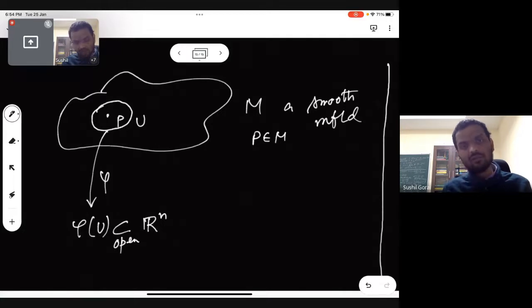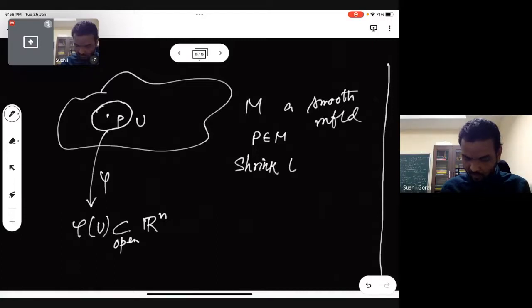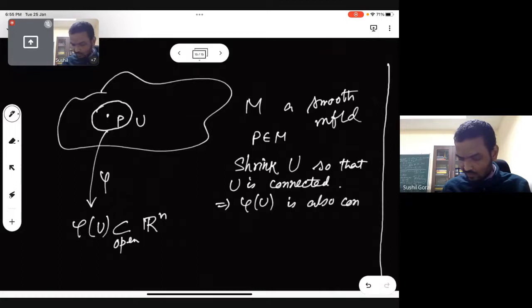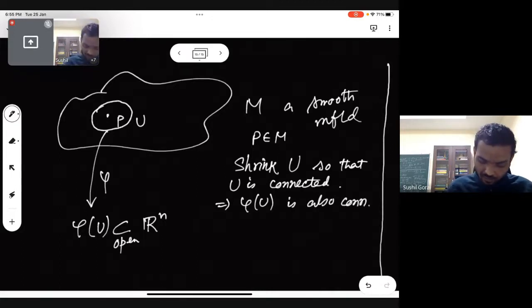Now the point is, shrink the neighborhood U so that U is connected. This implies phi(U) is also connected, right? Now phi(U) is an open subset of Rn.